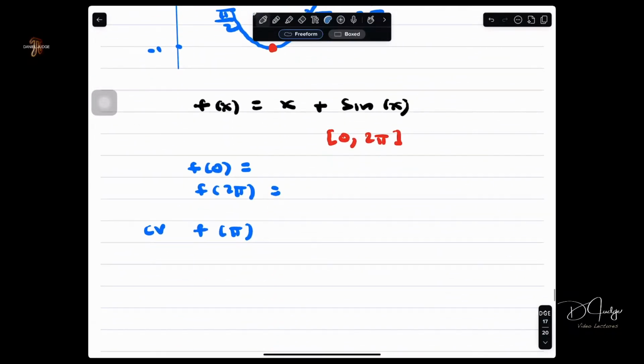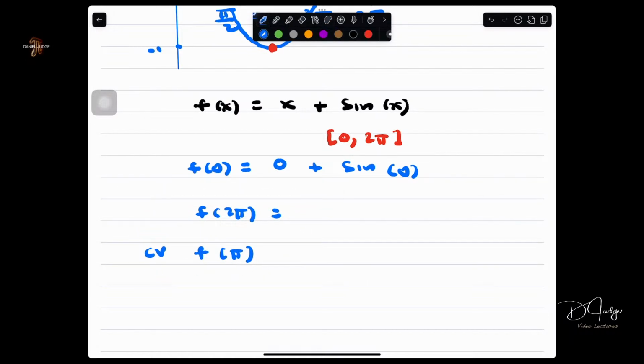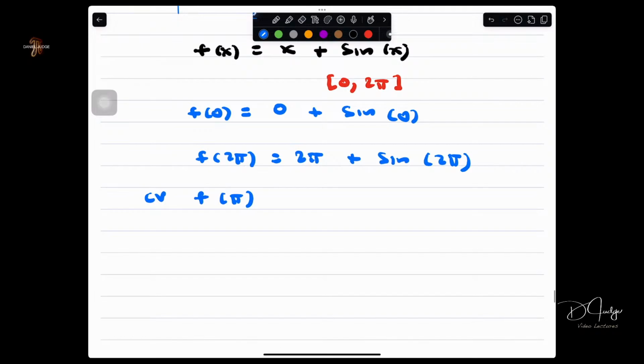Now, f of 0 becomes 0 plus sine of 0. f of 2 pi will be 2 pi plus sine 2 pi. f of pi, pi plus sine pi.